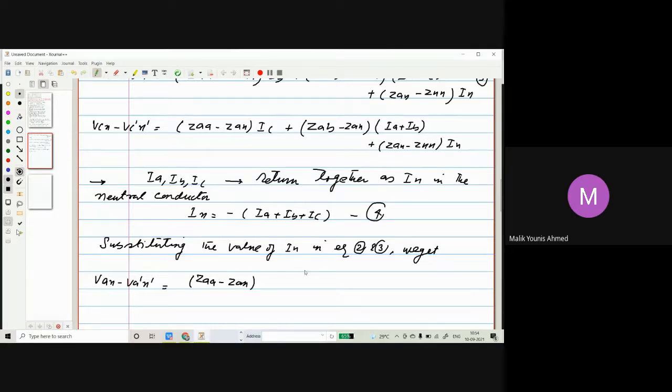So here we had IA, that will remain as it is, plus ZAB minus ZAN. We have IB plus IC. That's not going to change. That will be the same. Minus we had ZAN.